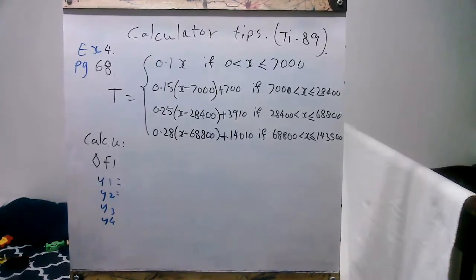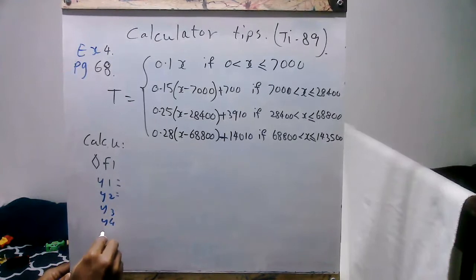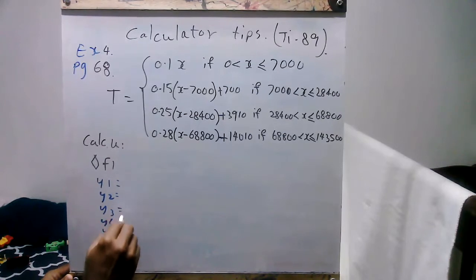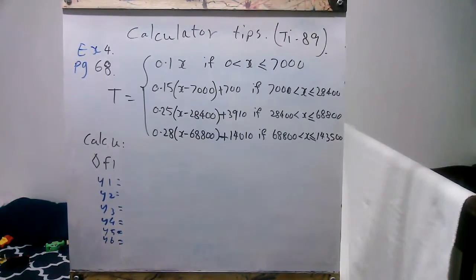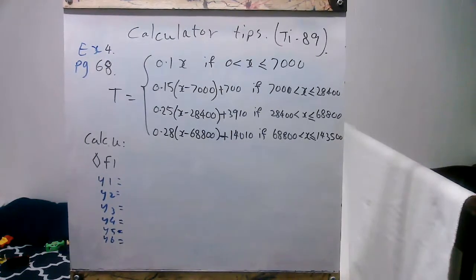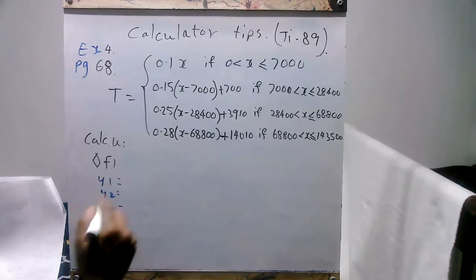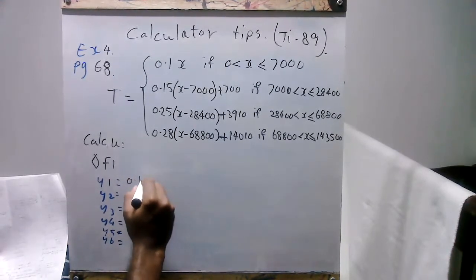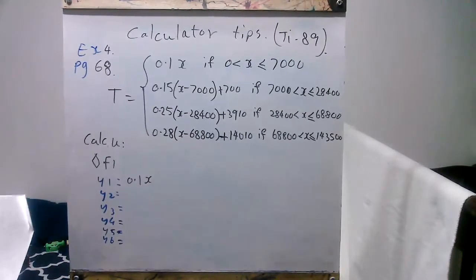The calculator gives you y1, y2, y3, y4, y5, a whole bunch of them. Then you type 0.1x. You know how to type this, just type numbers.